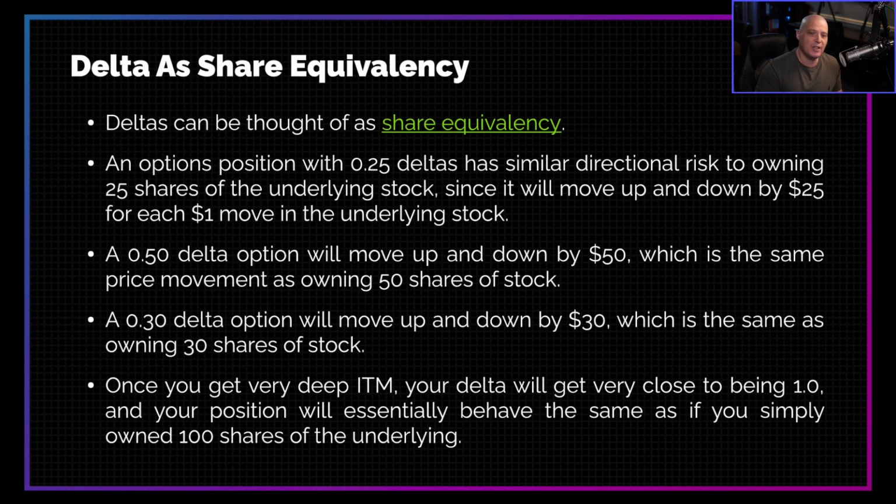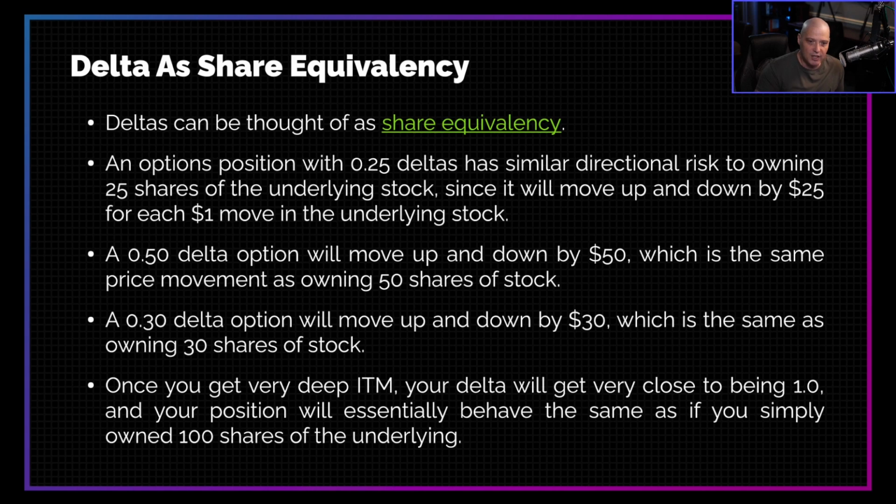Delta can also be used as a share equivalency. What this means is that delta can tell you how that option acts in terms of had you just been long or short a number of shares of the underlying stock. For example, an options position with 25 delta has a similar directional risk to owning 25 shares of the underlying stock. Why is that?